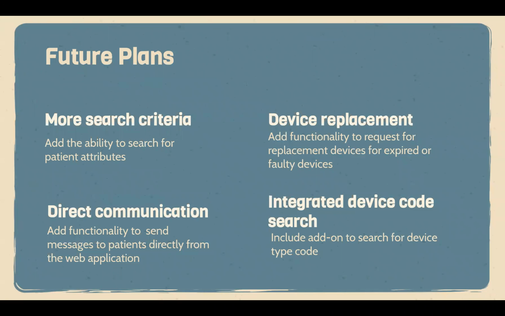And then there could also be a potential device replacement feature, which would enable automated device replacement requests for expired or faulty devices. And additionally, an integrated device code search functionality, which would allow the physician or clinical researcher to search for the device type codes much faster.